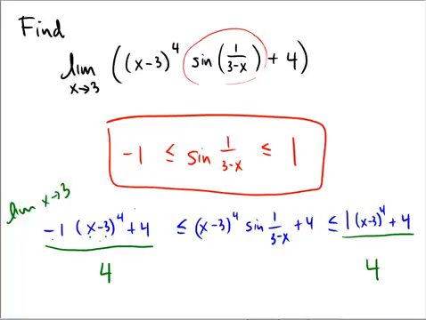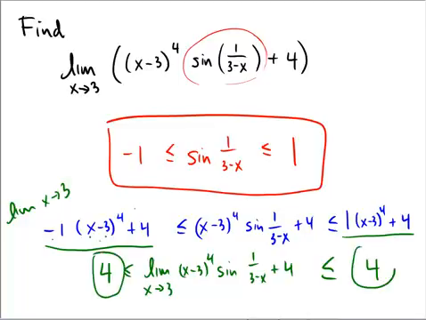So what we can see is that 4 is less than or equal to the limit as x approaches 3 of (x - 3)⁴ sin(1/(3 - x)) + 4, which is less than or equal to 4. So literally it has to be between 4 and 4, and therefore this limit right here must be the number that's located between 4 and 4, which is just 4, and that's the sandwich theorem.